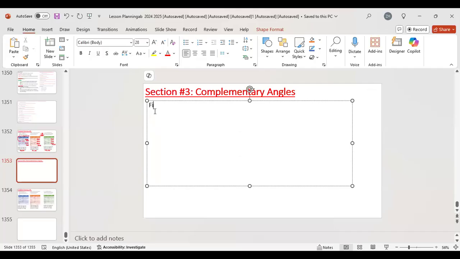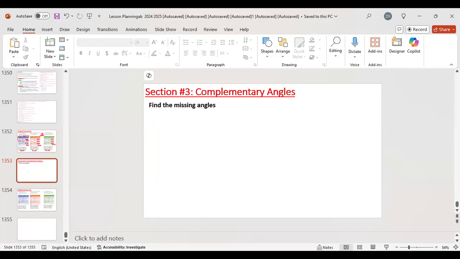So find the missing angles. Our goal is to determine what the missing angles are.